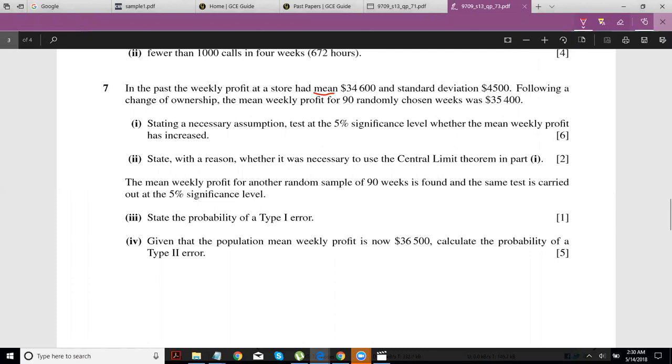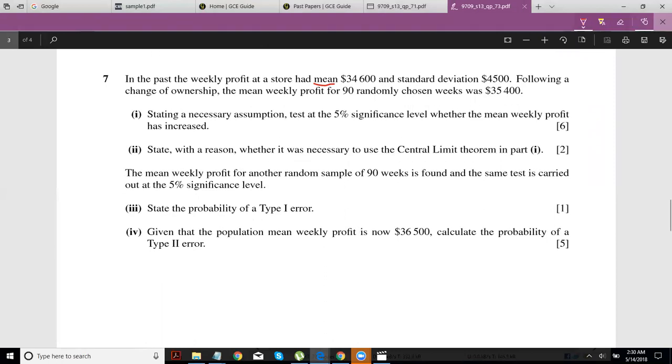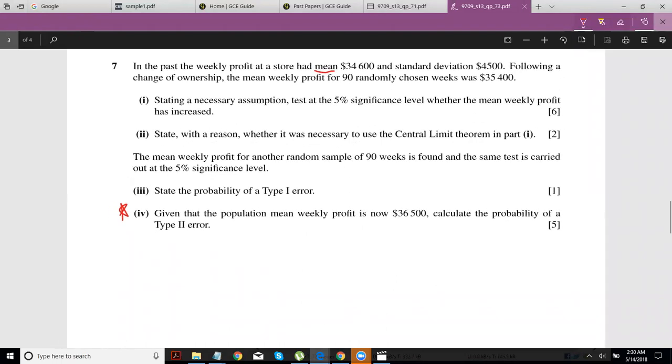And then you have questions, and we're interested in part 4. Given that the population mean weekly profit is now 36,500. Again, see, now they've given you the actual mean. They said, okay, given that this is the real mean, now calculate the probability of a type 2 error. You can't just simply calculate it by your own initiative without having been given the true value.